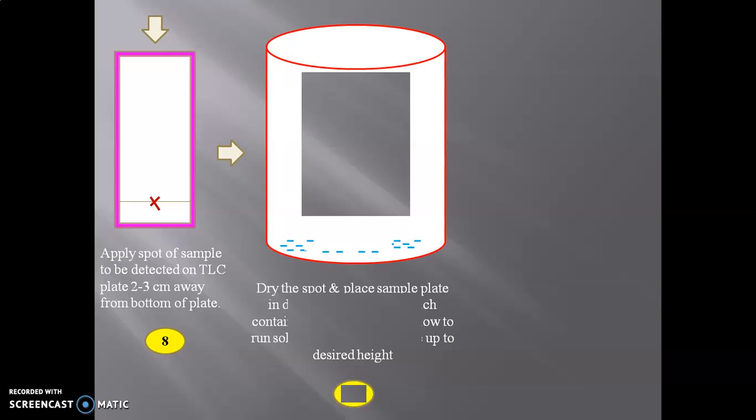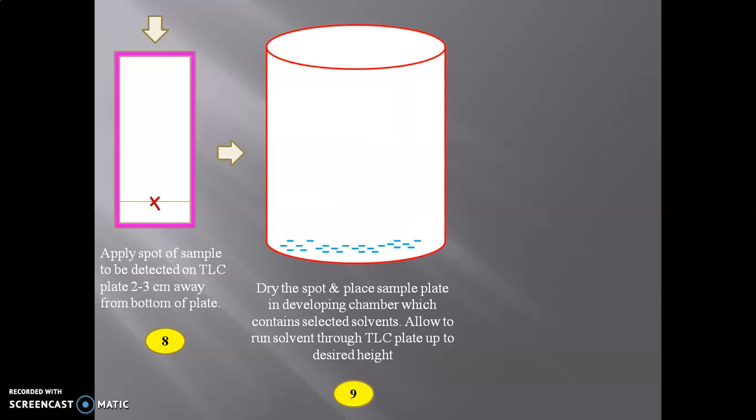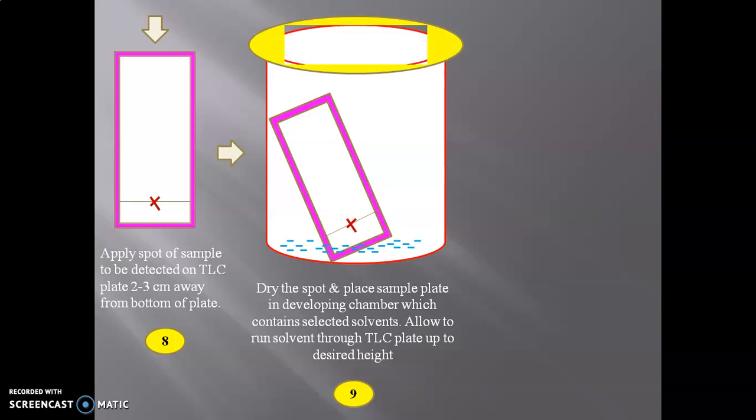After the application of the sample, air dry the spot and keep the plate in the saturated development chamber. After covering, allow the solvent to run through the TLC plate up to the desired height.